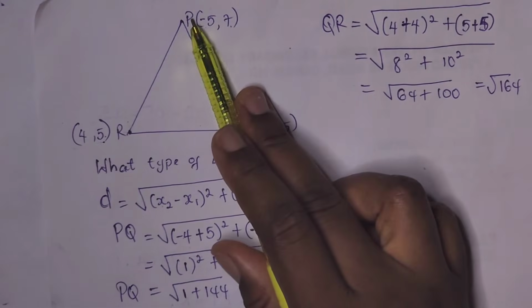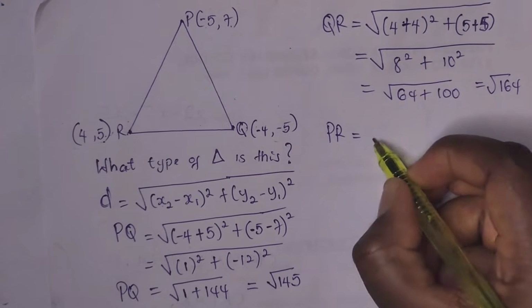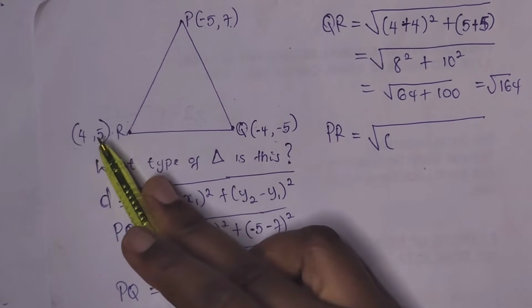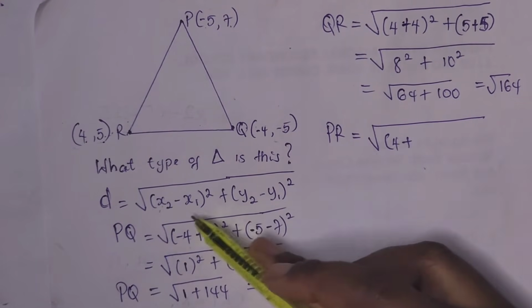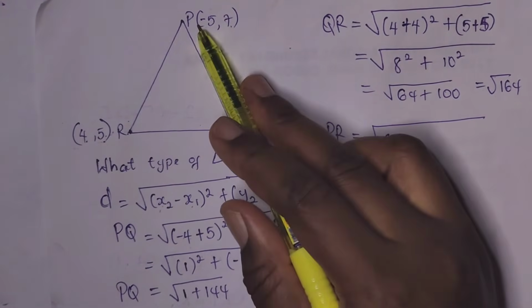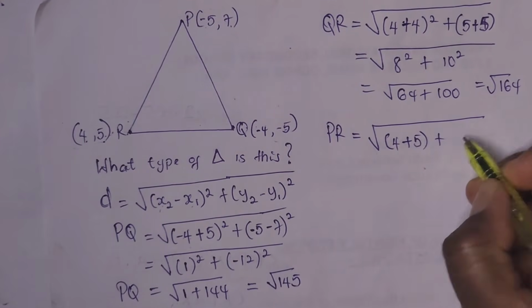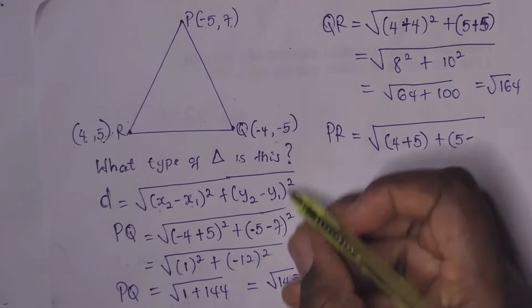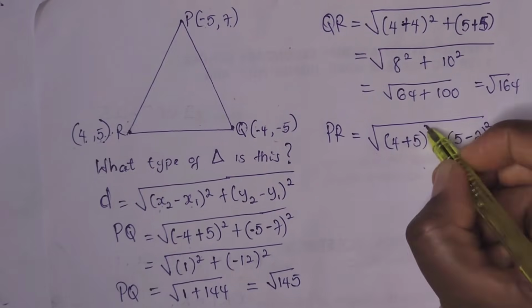So we'll be finding the distance from P to R. So PR is equal to our x2 which is 4 plus our x1 which is -5, so we have 4 plus 5, plus our y2 which is 5 and our y1 which is 7, so we have 5 minus 7, all to the power of 2.